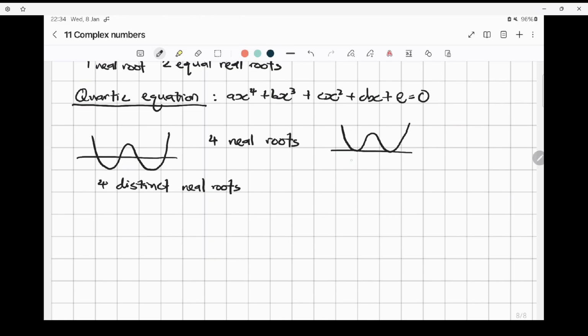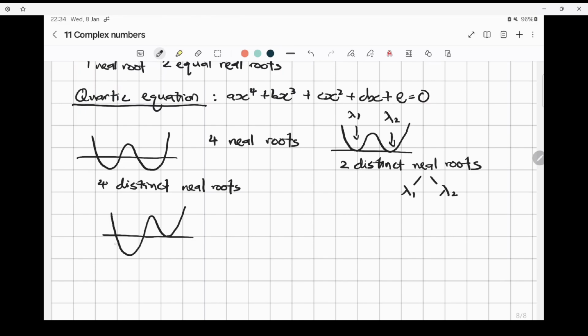This will be 2 distinct real roots, and 2 of them will be, let's say, lambda 1, the other 2 will be lambda 2. So let's say this is lambda 1, this should be lambda 2. Or you can also have something like this.